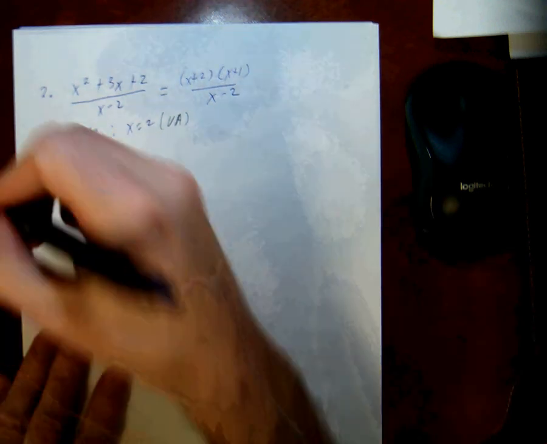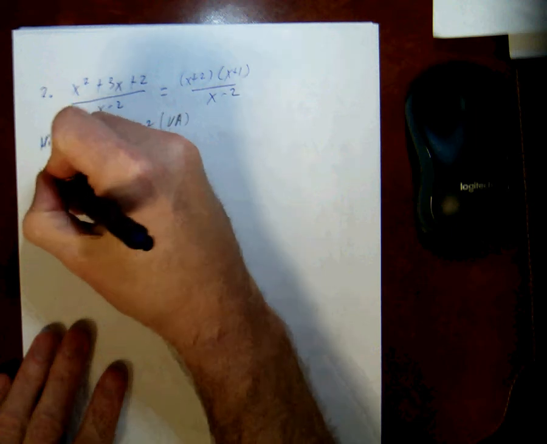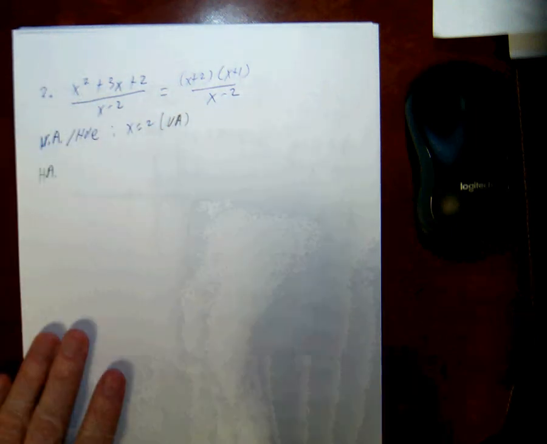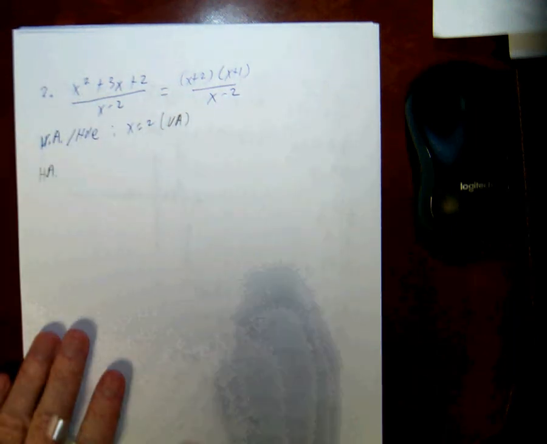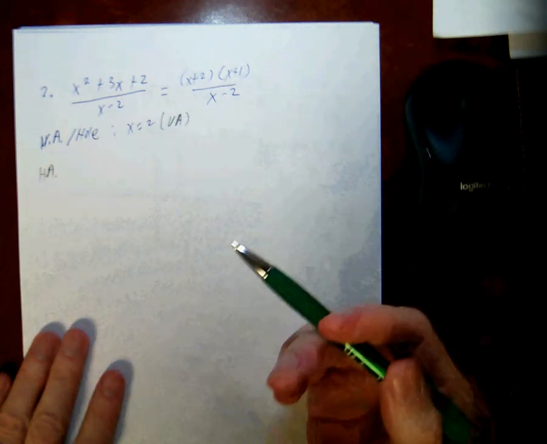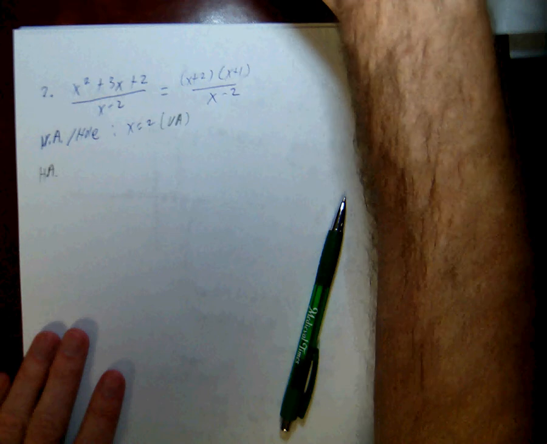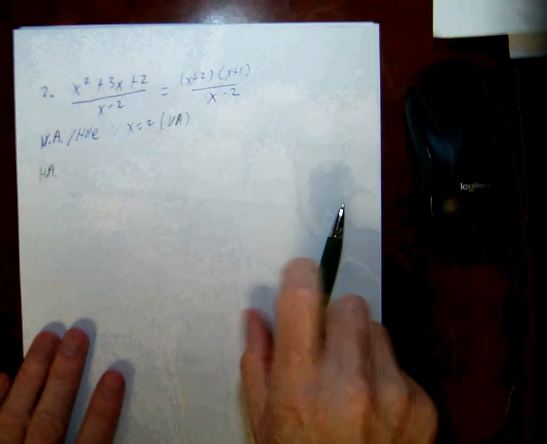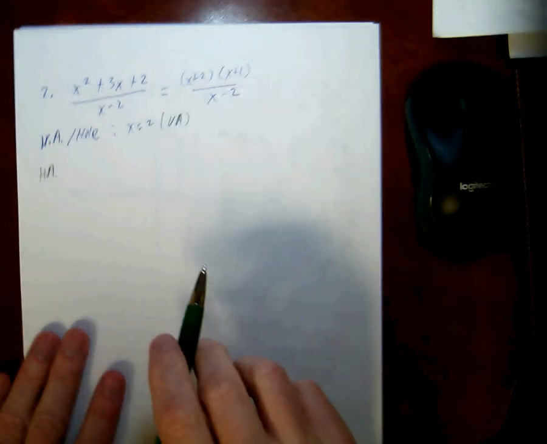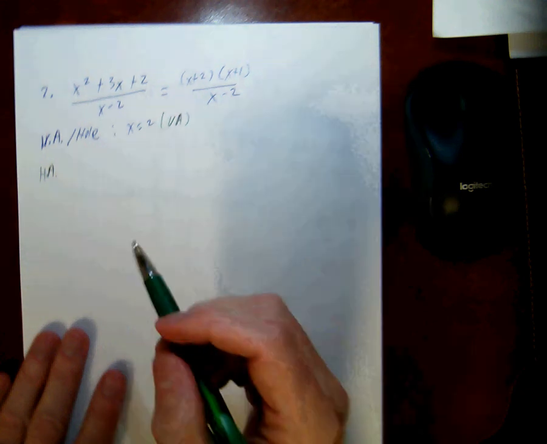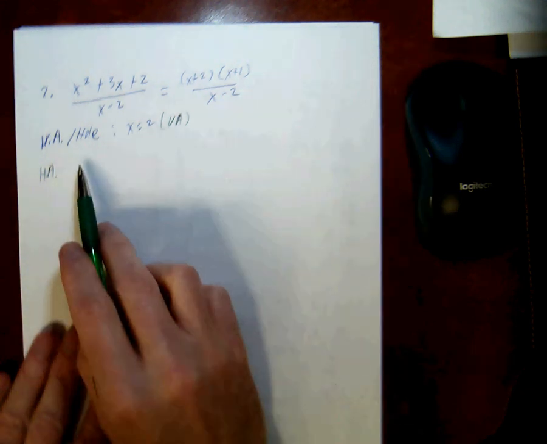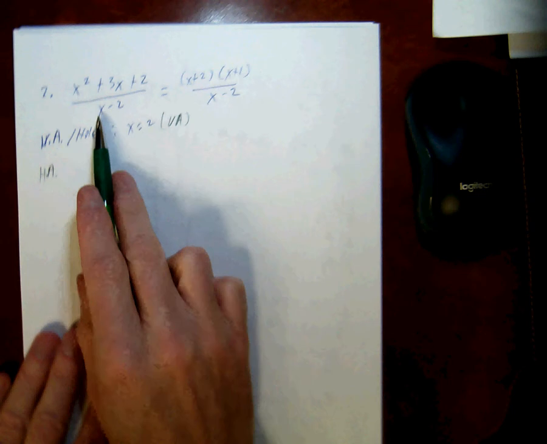The next thing I need to figure out is my horizontal asymptote. And horizontal asymptotes happen when it's bottom heavy or balanced. In this particular one, this is top heavy.